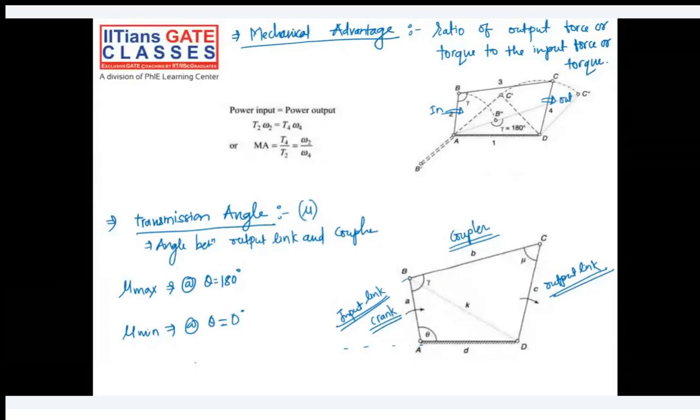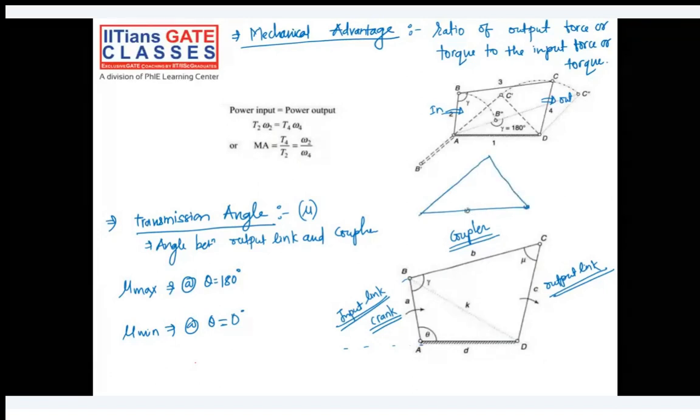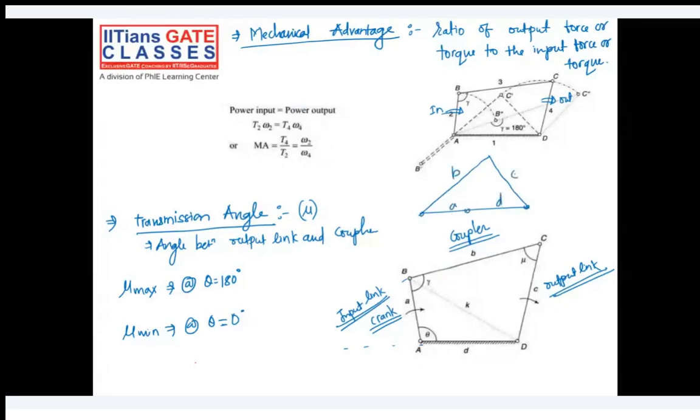Okay, try to think of this situation. Okay, I'm trying to draw it. So this is link D, at bottom link A here, B and C. So this is your mu minimum. Try to think of these situations.